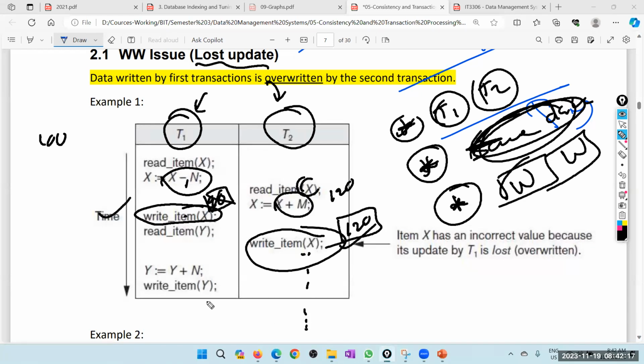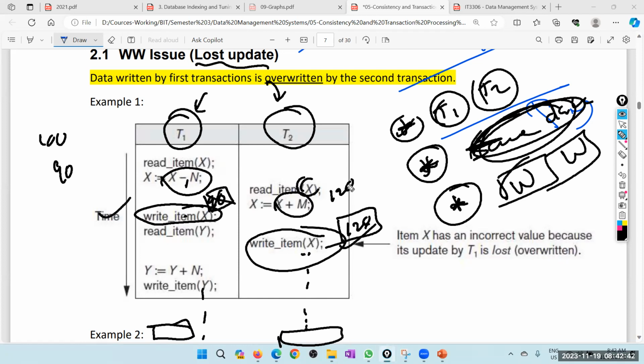Now it is also proceeding. After some time, transaction 1 will be committed, assuming that 90 is written, but actually, once transaction 2 is committed, it is 120 in the database, not 90. So that is wrong. Ideally, it should have been 100 minus 10, 90.